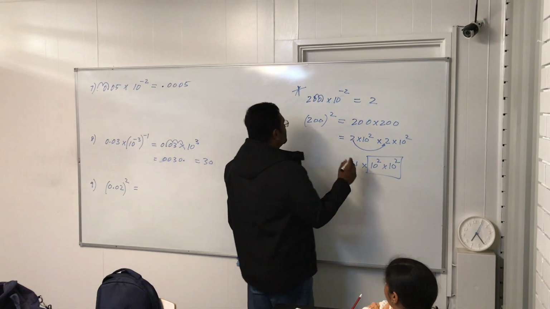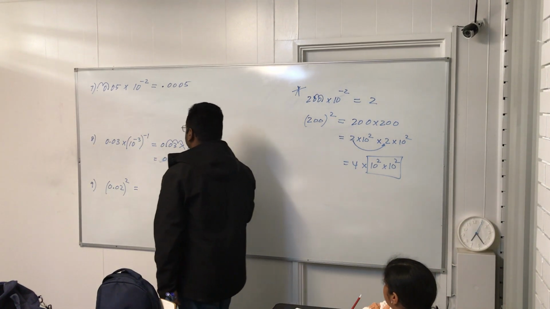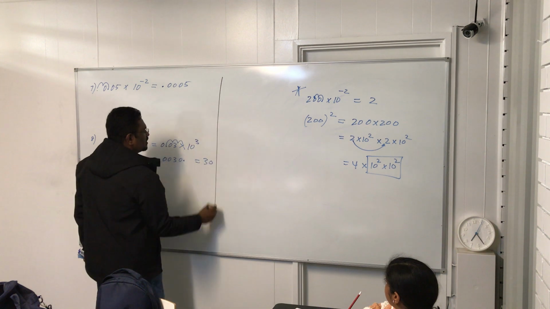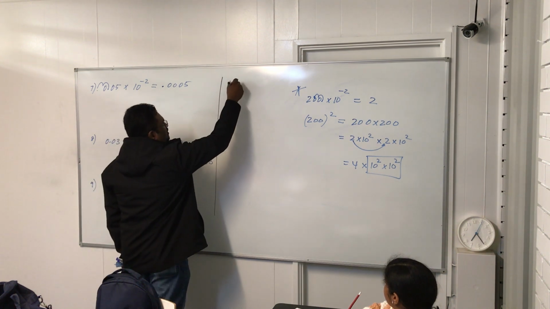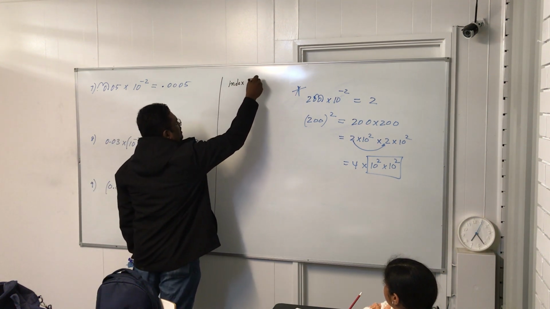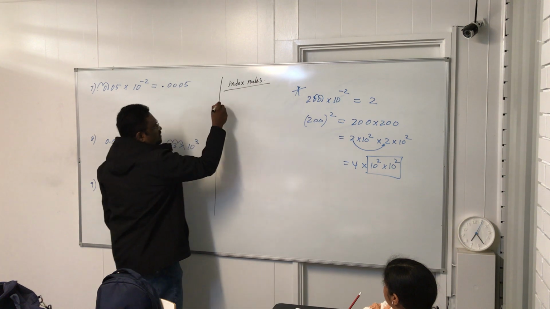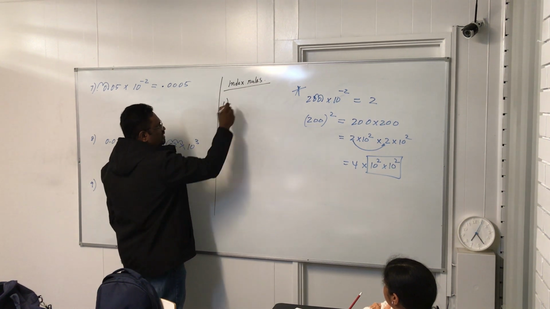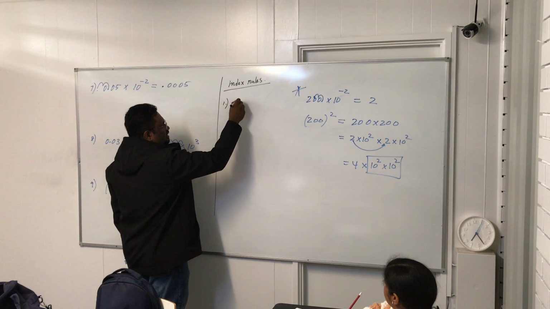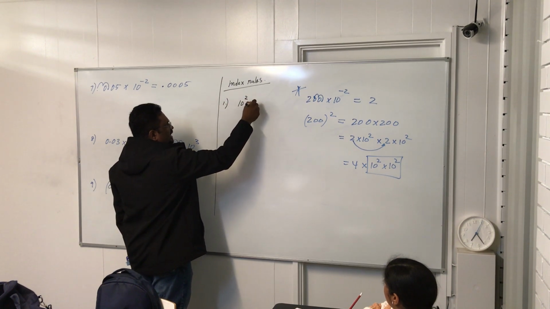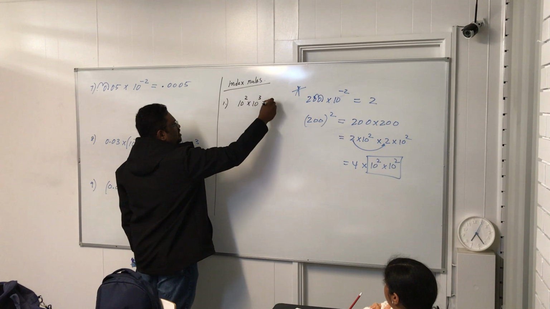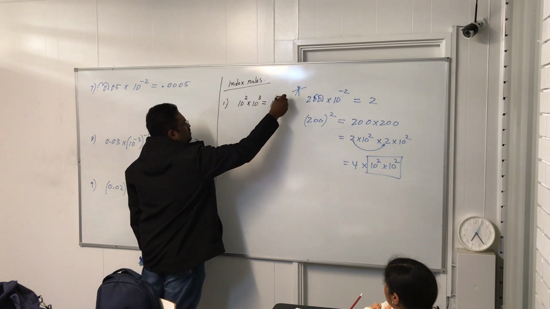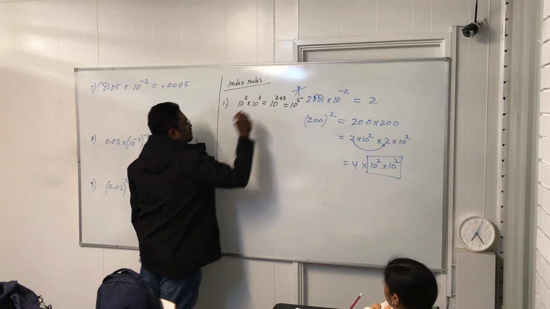Let's see. Index rules. First index rule: 10^2 times 10^3. If you have something like that, you add these together. 10^5.